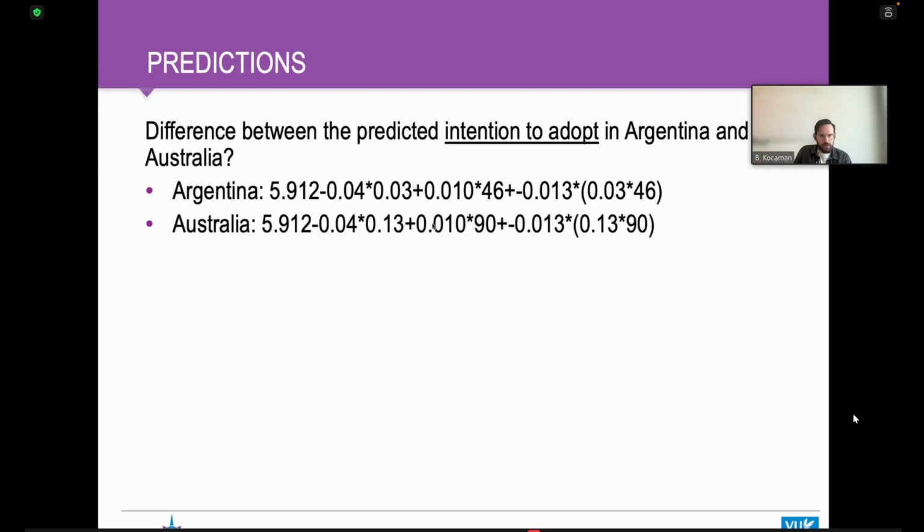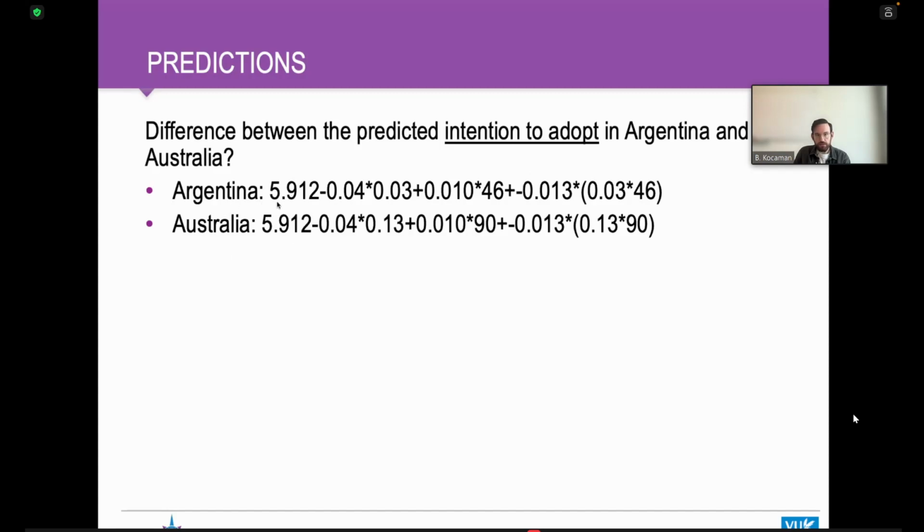In this case, the level of advertising doesn't matter, right? We will talk about the difference, so this will cancel out. So you can just take advertising spending at any level that you want, and then look at the difference between the two.